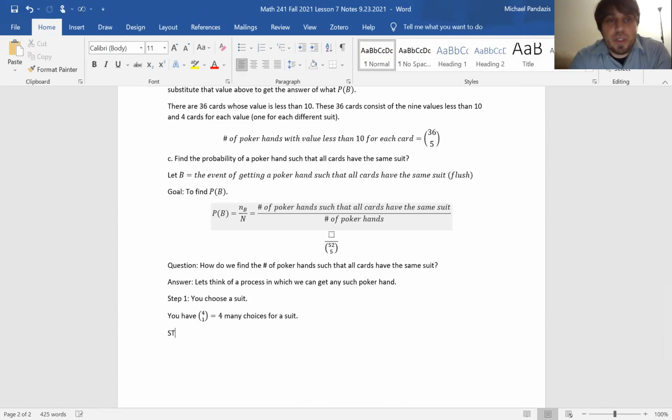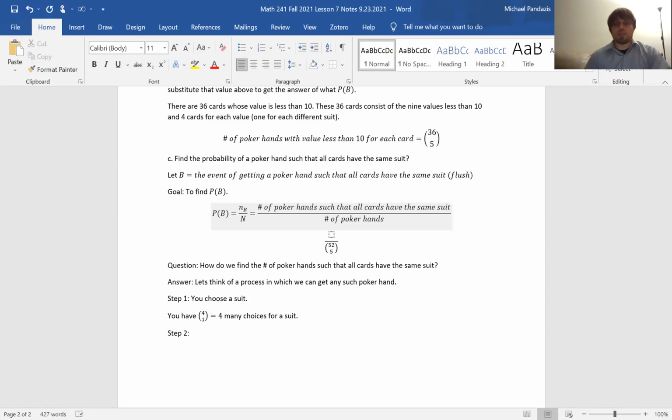Once you choose a suit, step 2 is that you now have a suit. Let's say you chose hearts. Then look at all the cards in the deck that are hearts. There is 1 heart for each different value. There are 13 values in the deck, each with exactly 1 heart, so there are a total of 13 cards that are hearts.